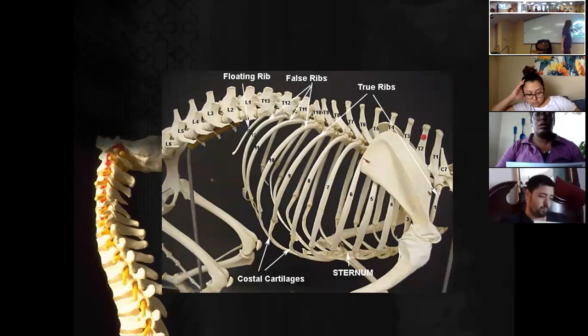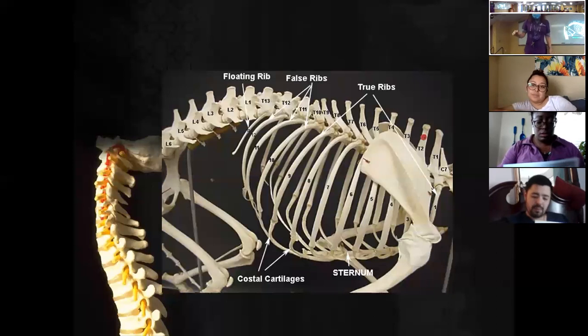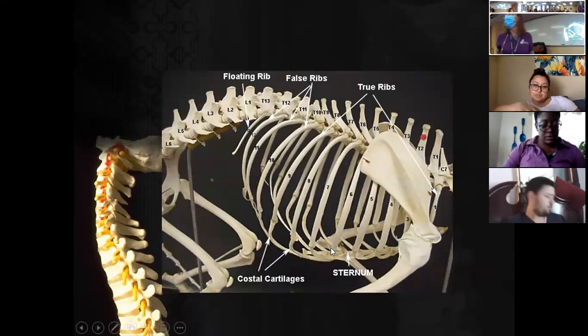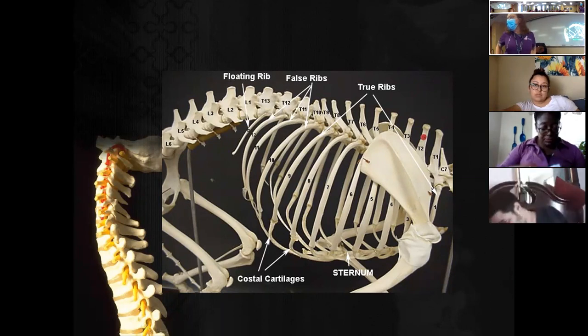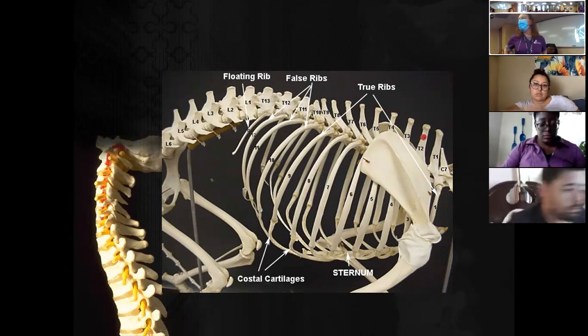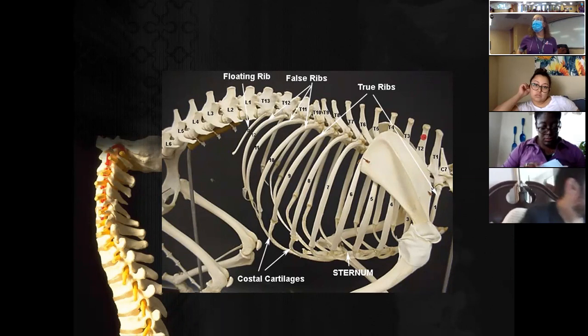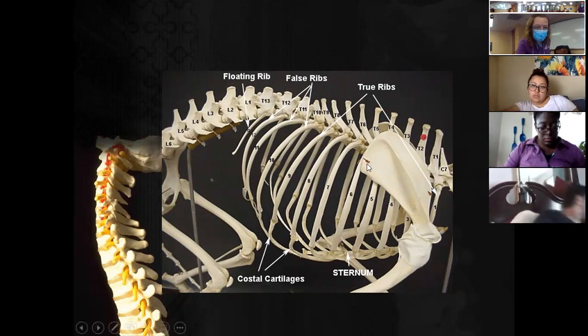Picture. Here we've got our true ribs. Are asternal and false ribs the same thing? Yes, they are, because asternal would be without sternum. So here I've got my sternal or true ribs attaching directly. Here's my sternum right here.